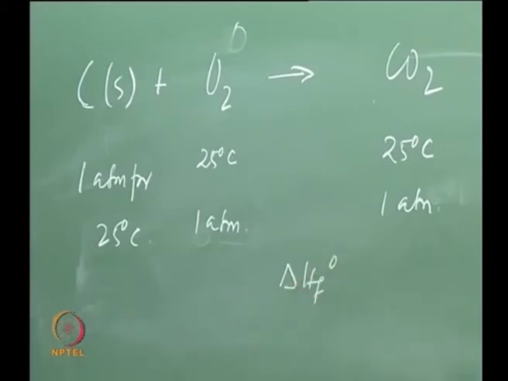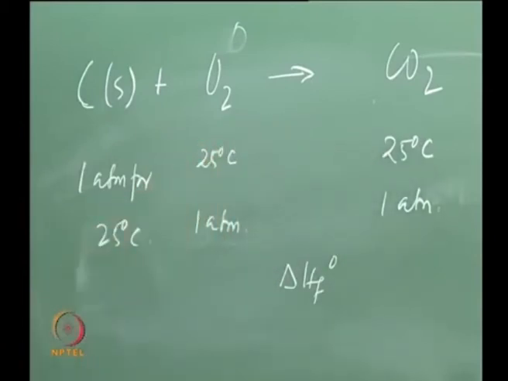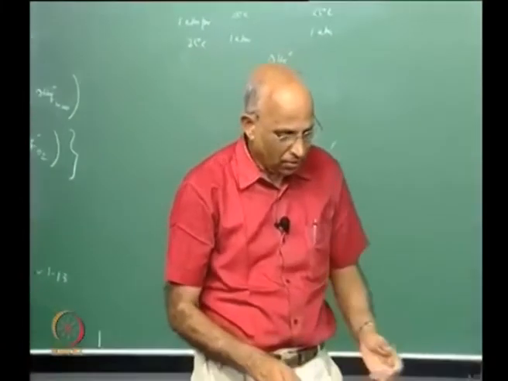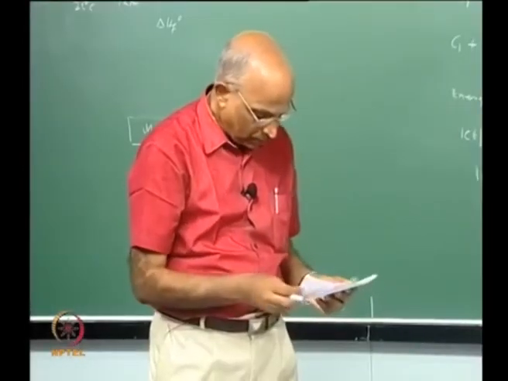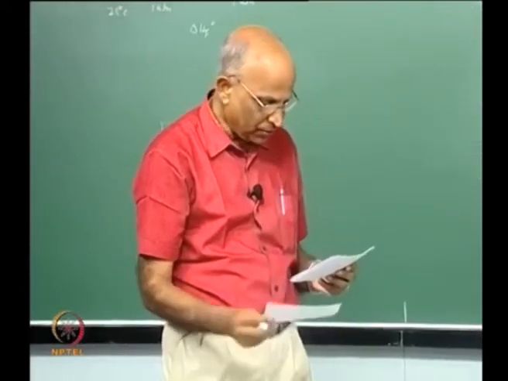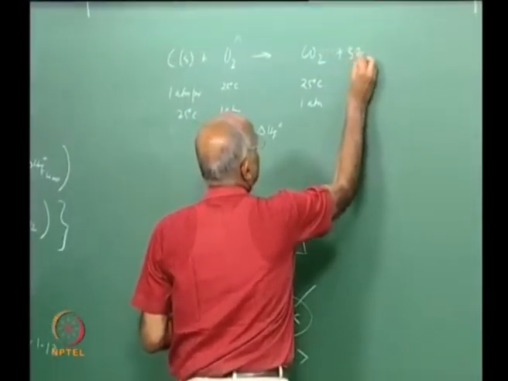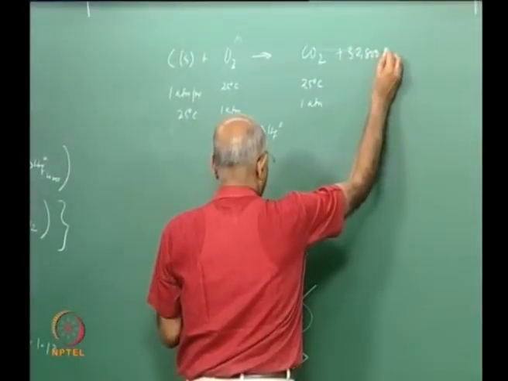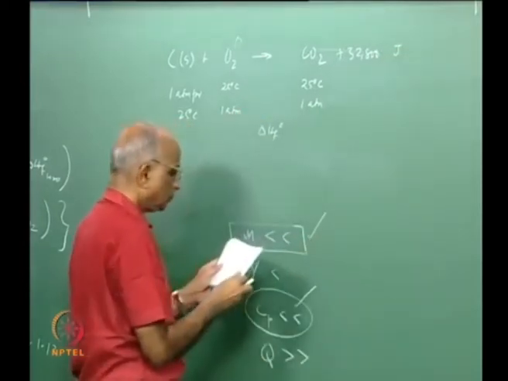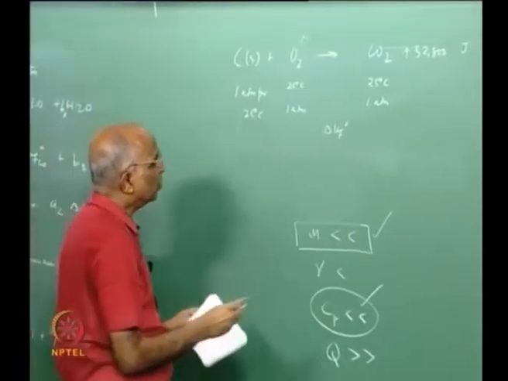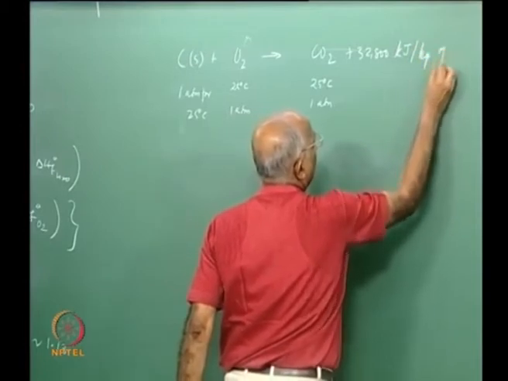But all of you know, if I take carbon and burn, it gives out a large amount of energy, and the energy which I get from burning 1 kilogram of carbon is something like, let us see, yes, 32,800, I think it should be joules, no, kilojoules per kilogram of carbon burnt.